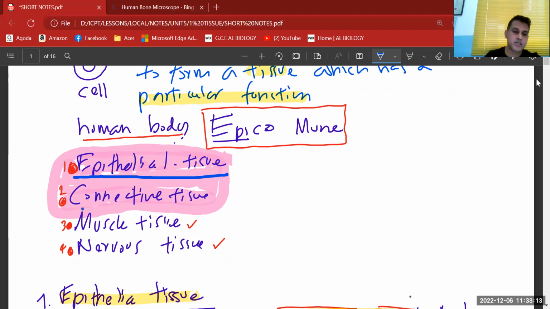The connective tissues help to connect one tissue with another. If you consider blood, it connects muscle cells with some kind of hormones, with the brain. And then we learned muscle tissues, and last is the nervous tissues.